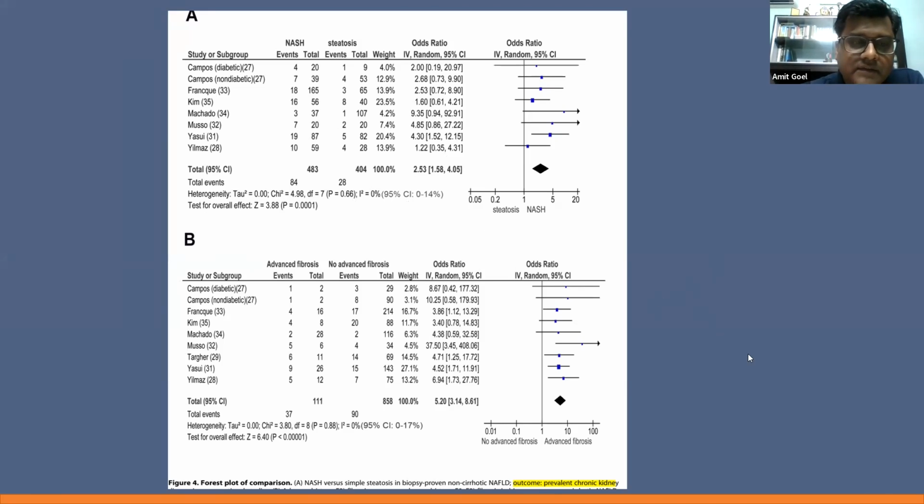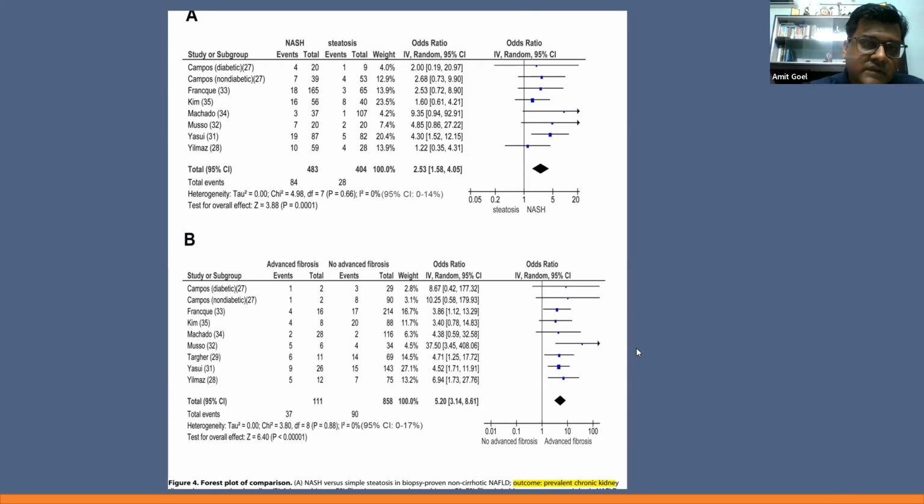Another subgroup analysis: within NASH, there can be advanced fibrosis and there can be no significant fibrosis. So people with advanced fibrosis were at much higher risk to develop chronic kidney disease as compared to those without advanced fibrosis.